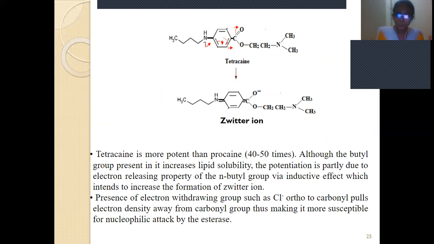The butyl group increases the lipid solubility, and the potency is partly due to the electron releasing property of the N-butyl group via inductive effect, which tends to increase the formation of the zwitterion. An electron withdrawing group such as chlorine ortho to the carbonyl pulls the electron density away from the carbonyl group, thus making it more susceptible to nucleophilic attack by esterases.